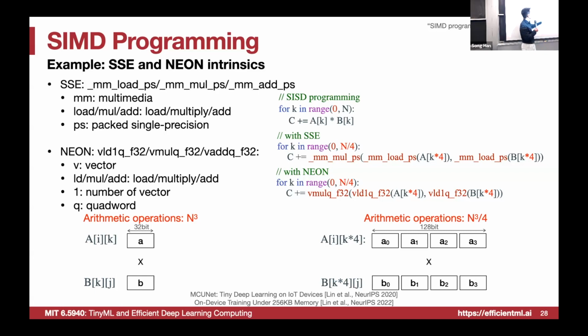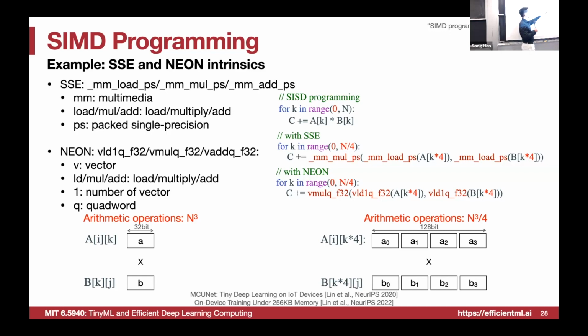We are multiplying each element of A and B and adding to C. We have to loop over the entire n dimensions in this array, which is 1 by n. Loop over A[k] and B[k], sum it together, going from 0 to n. So that's the single instruction, single data version.